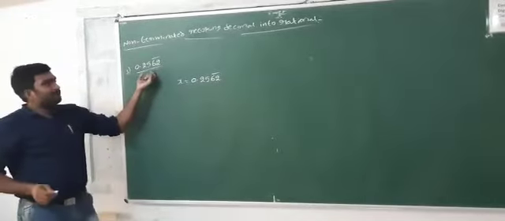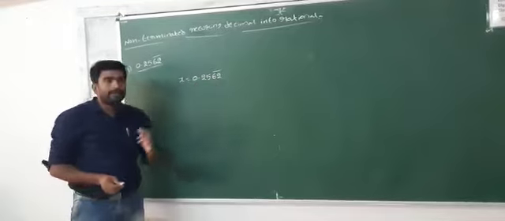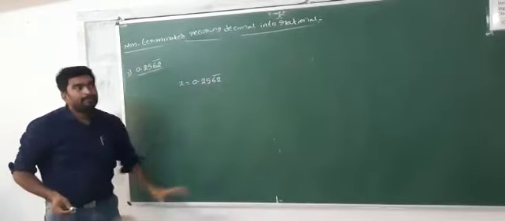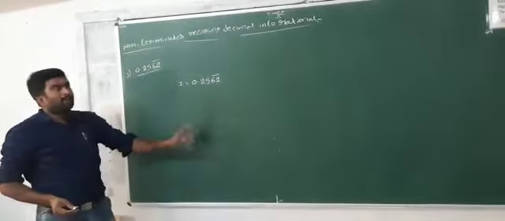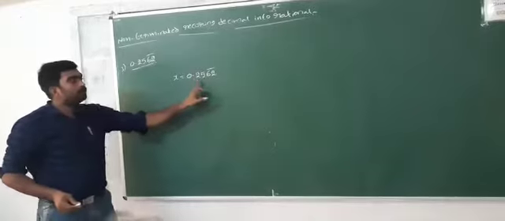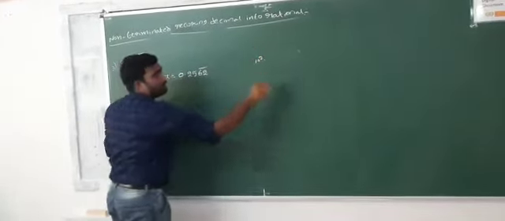In this type of decimal, first see how many digits are not repeated. Two digits are not repeated. Then multiply both sides by 10 power of the number of non-repeated digits, that is 10 power 2.